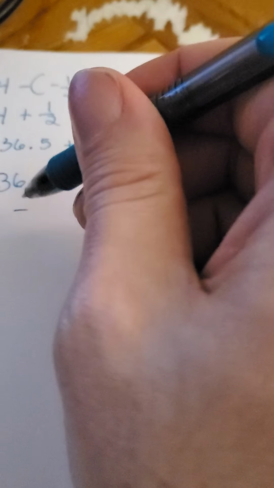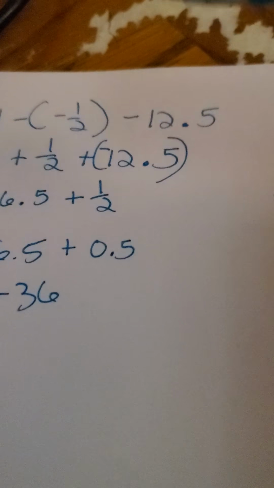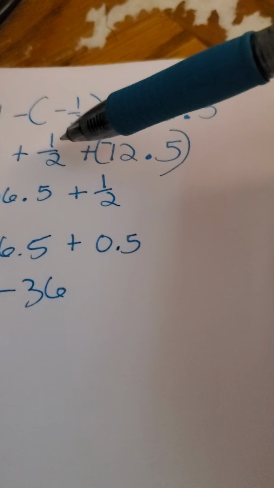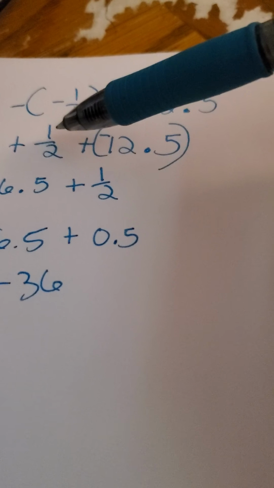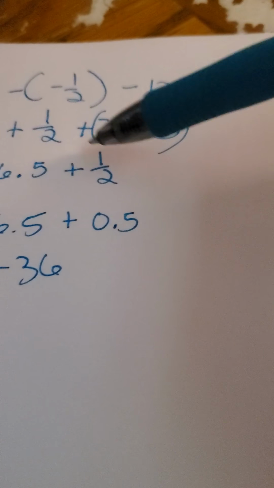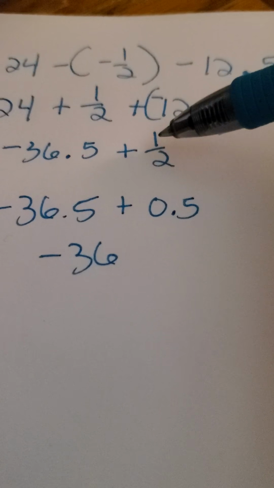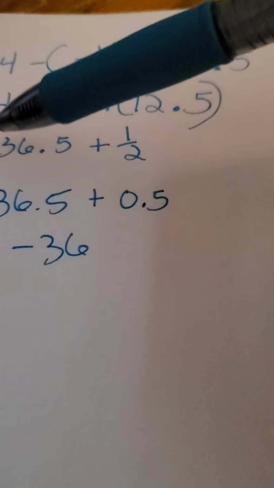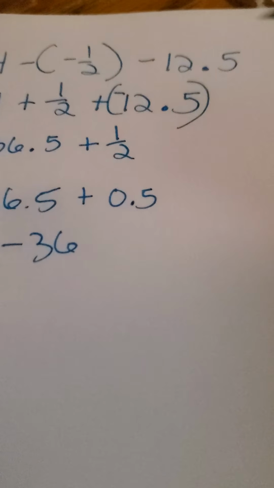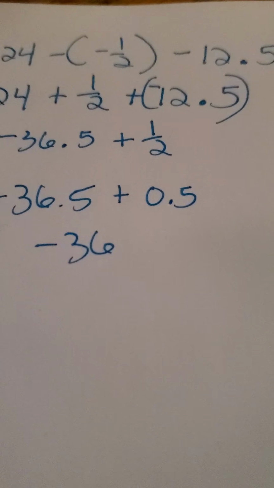Now, you might have gotten this answer a little bit quicker if you knew half, way at the top here, if you knew that half is always the same decimal as 0.5. So even over here, we have 36.5. If you know, oh, this is a negative plus a positive, basically I'm going to take away that 0.5, you end up with 36.